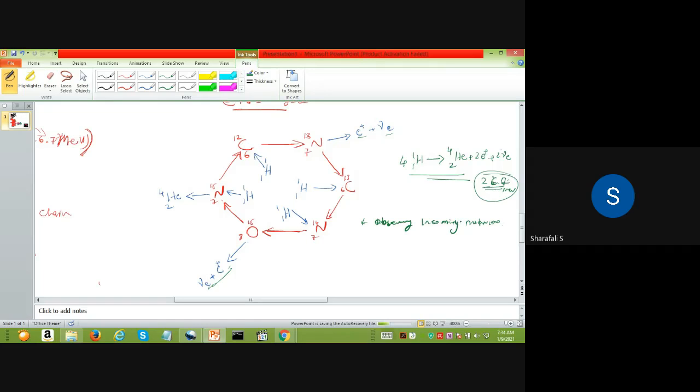A huge number, billions of neutrinos, are coming from the core region of the sun and passing through the Earth's surface every second. But we will not feel these neutrinos, because they are very light particles, having very slight mass, and a very high velocity.